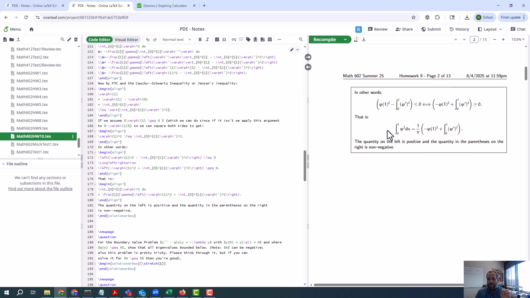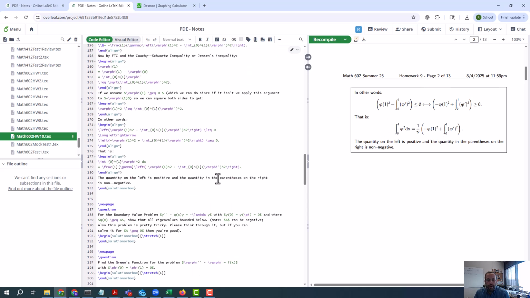So the quantity on the left-hand side is positive. This quantity is non-negative, in other words, it's greater than or equal to 0. It can't be equal to 0, otherwise, 1 over gamma is not 0, and if this is equal to 0, it means the right-hand side is 0, but the left-hand side is positive.